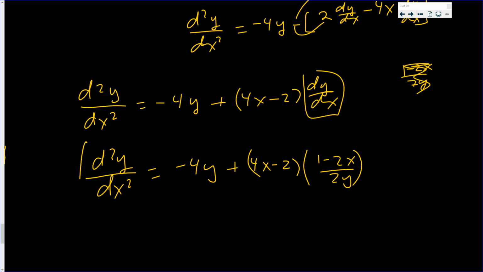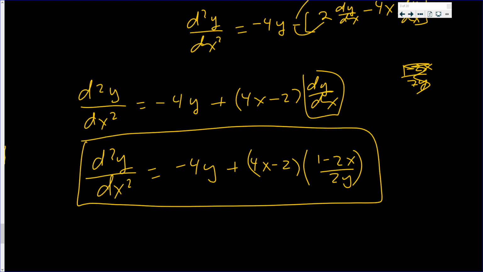And that is the second derivative in terms of x and y, not in terms of x's, y's, and dy dx's. Now I only see x's and y's. And that's how you should write the answer.